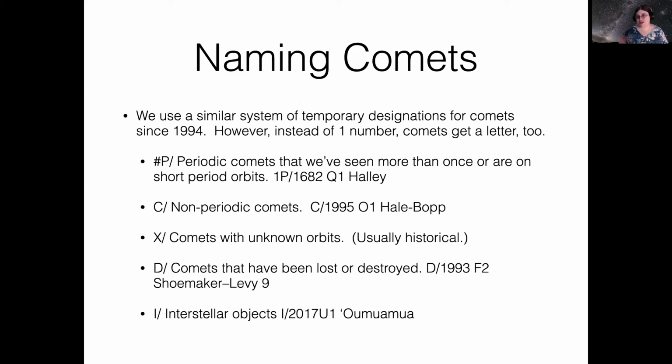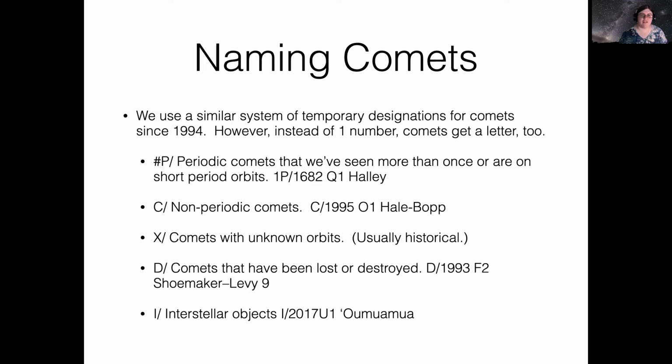All right. Comets, on the other hand, you can name after yourself. That's the tradition. Whoever finds the comet gets their name attached to it. So comets also get a kind of lettering system. They have their year, and then a letter and a number to tell you what order they were found. But there are a number of interesting classes of comets that is also included in the name.